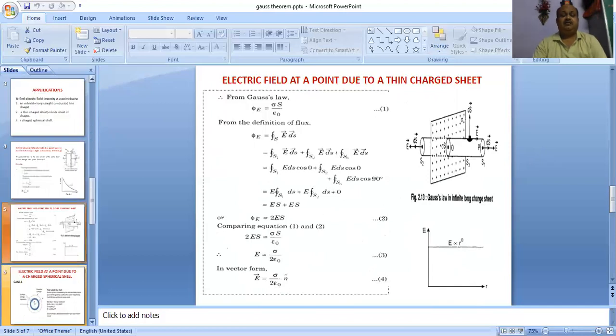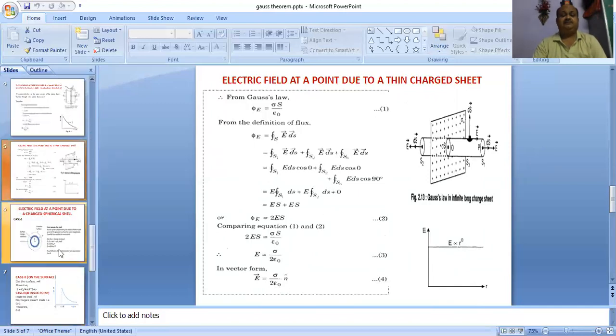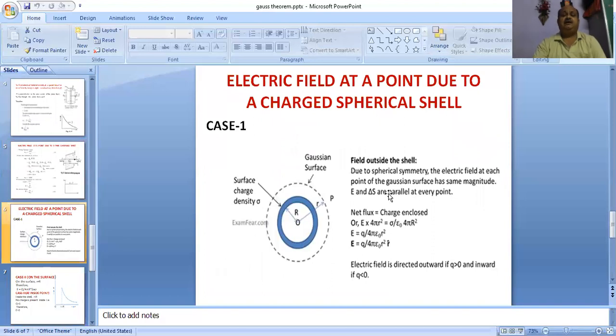Now, look at the third application. Electric field at a point due to a charged spherical shell. I have taken a charged spherical shell on which the total charge is Q and its surface charge density is sigma, which equals Q by 4 pi R square.